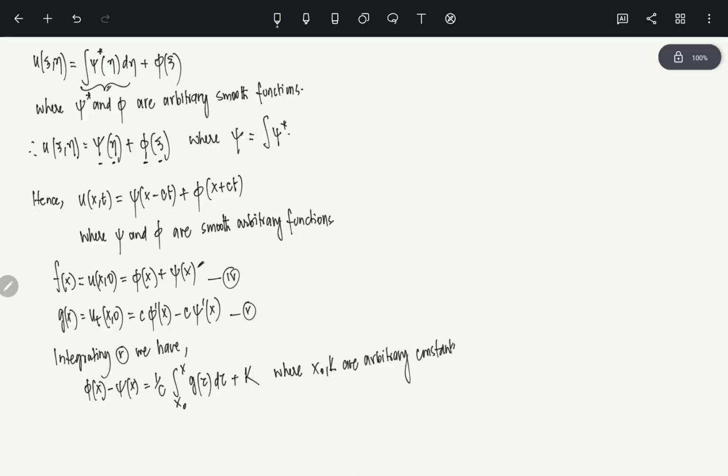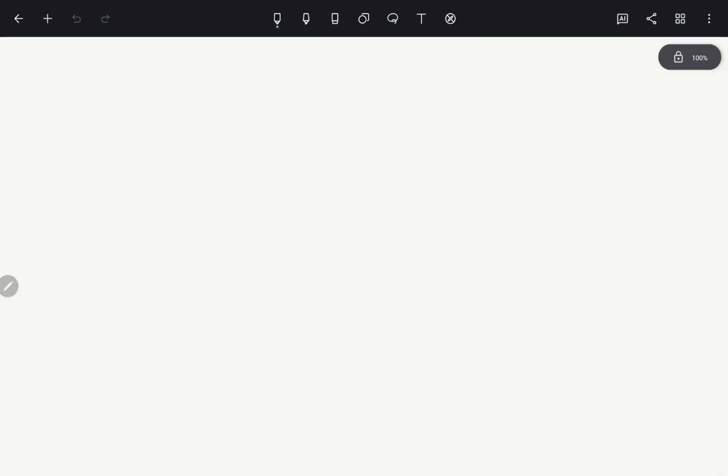Again, you see, this is given: phi of x plus psi of x equals f of x. So we can put everything together. Therefore, what is phi of x? Phi of x is nothing but half times f of x plus 1 by 2c times the integral from x naught to x of g of tau d tau plus k by 2.